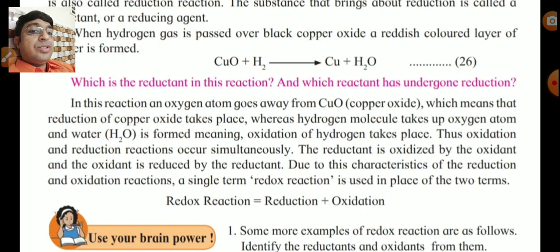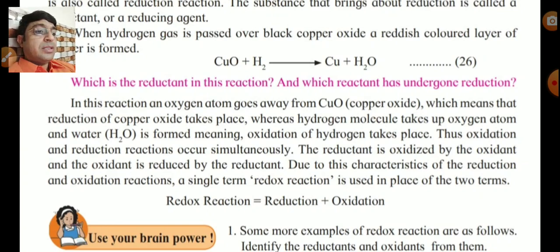Thus oxidation and reduction reactions occur simultaneously in the same reaction. That type of reaction is specially called redox reactions. You underline that line. Oxidation and reduction reactions that occur simultaneously are called redox reactions. The reductant is oxidized by the oxidant, underline, and the oxidant is reduced by the reductant.